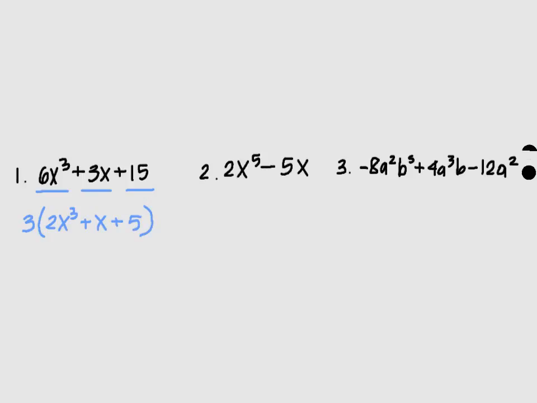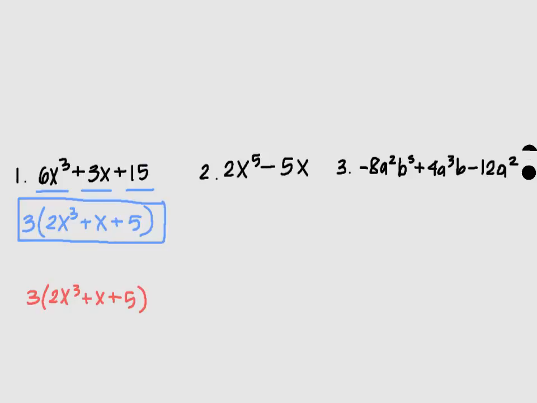We also want to check to make sure that we factored this correctly. So if this is our factored form, what we want to do to check it is take the 3 times 2x cubed plus x plus 5 and use the distributive property to check to see that this factored form does match the original polynomial that we had.